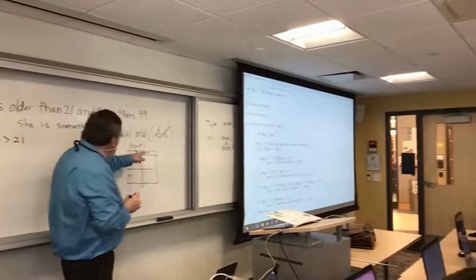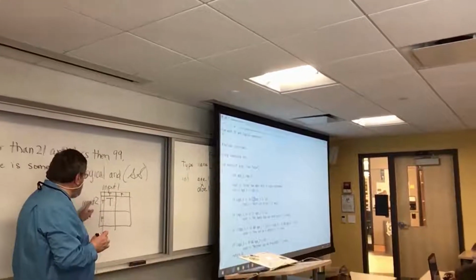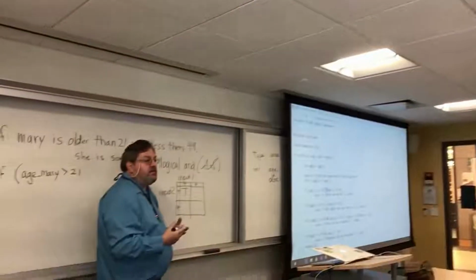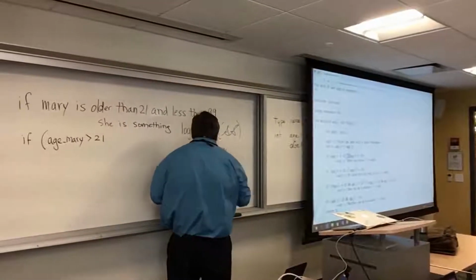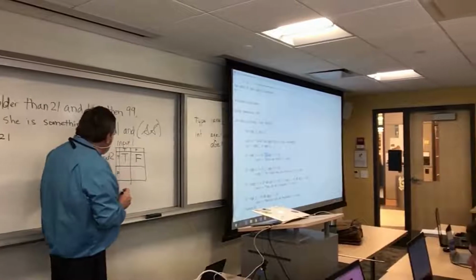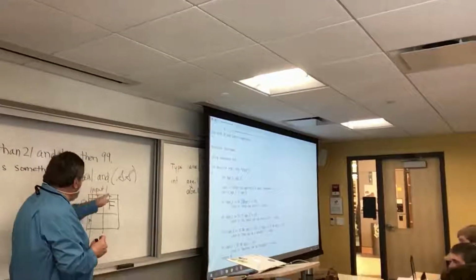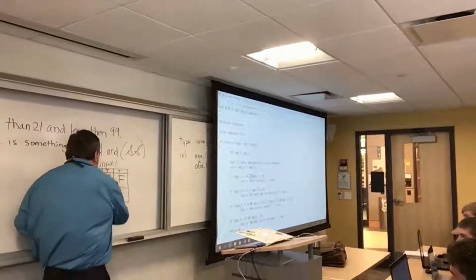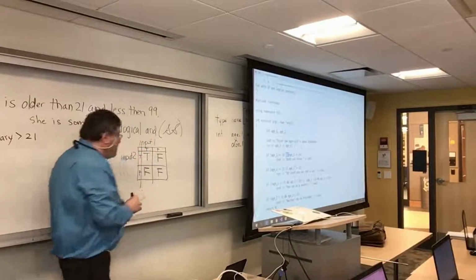If input 1 is false and input 2 is true, what is the result of the and? False, correct. In fact, you'll see that with logical and, if either of the inputs is a false, the output is false. Okay?